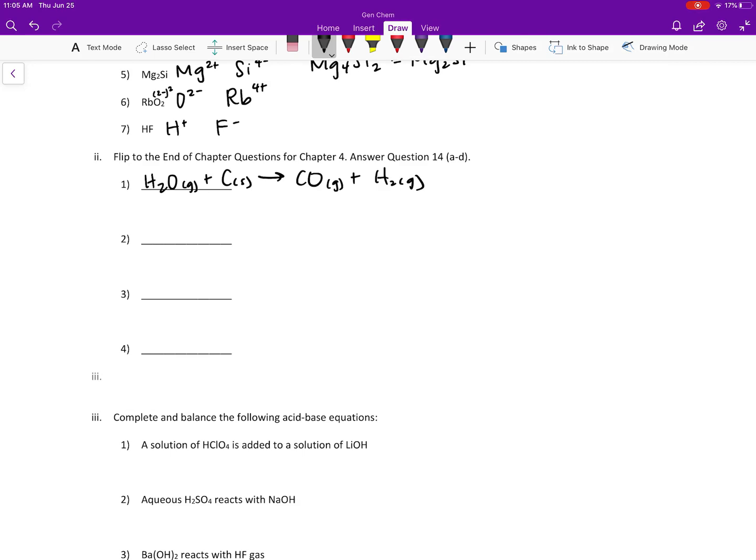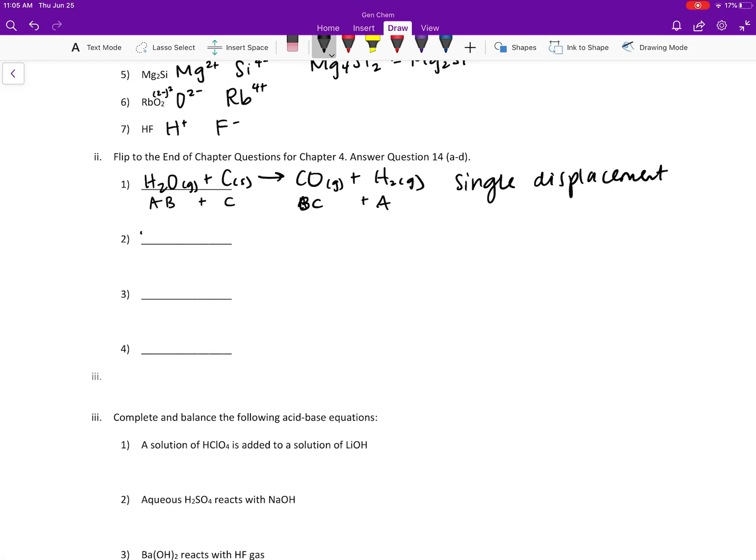So we're going to identify the type of reaction this is. So we have AB plus C makes BC plus A. So this looks like a single displacement or replacement reaction.